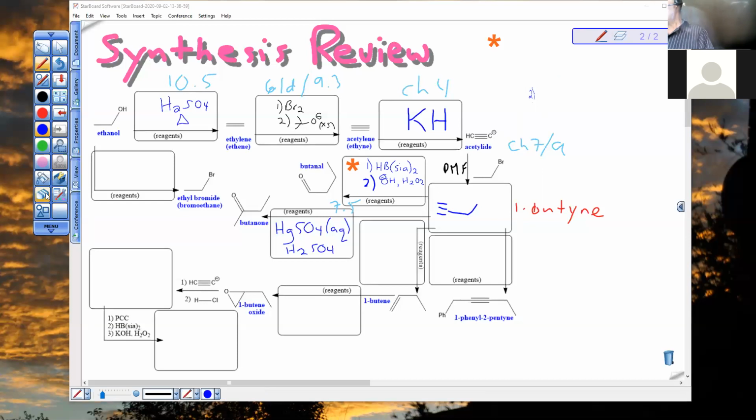Okay. So where are we at? We've got aldehyde here called butanal, ketone here called butanone. And those seem to be dead ends, so let's move on. Before we do this one, or this one, there's another loose end here, ethyl bromide.